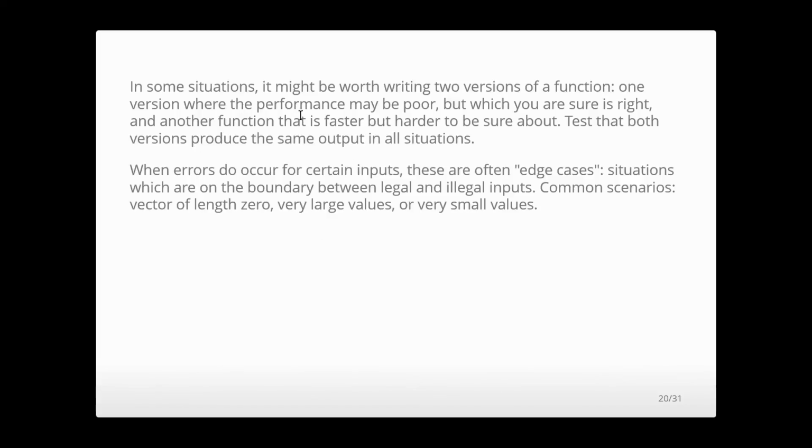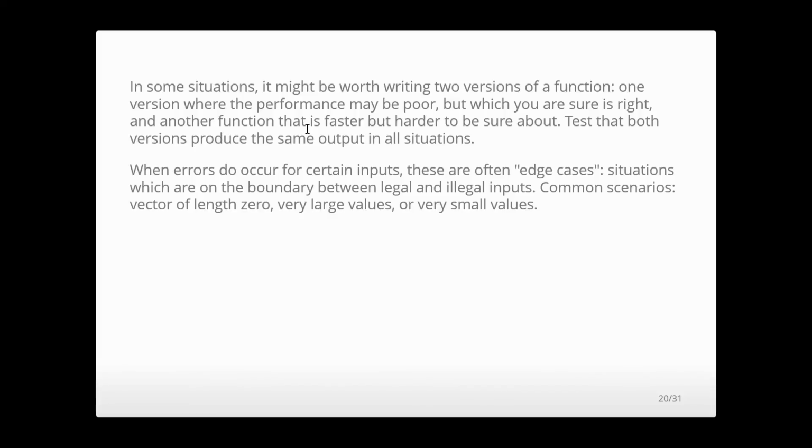It says in some situations it might be worth writing 2 versions of a function. Okay, and I think this is true. So if you've got code that's working and it's 100% working, great. The performance might be poor, but you know that code is working.